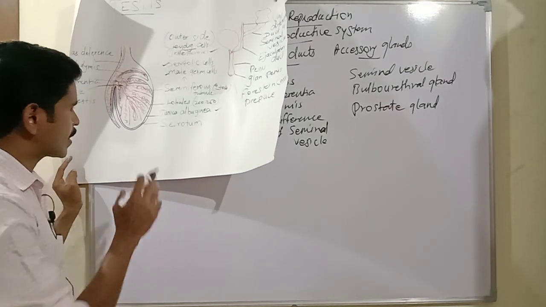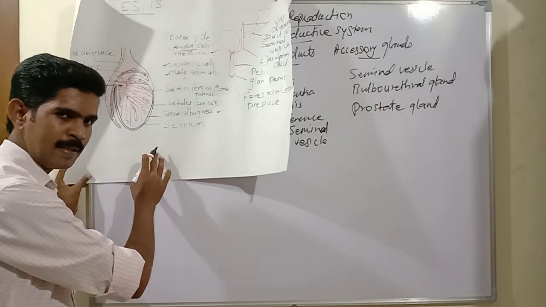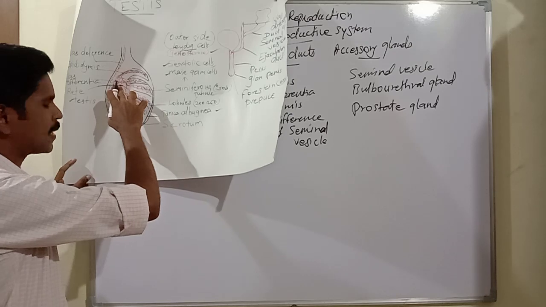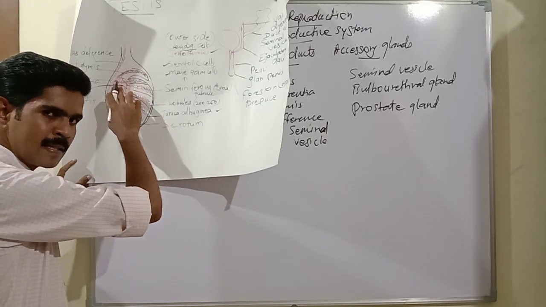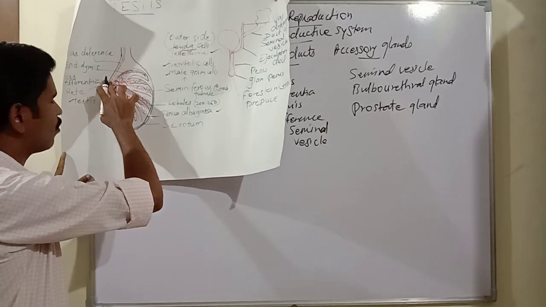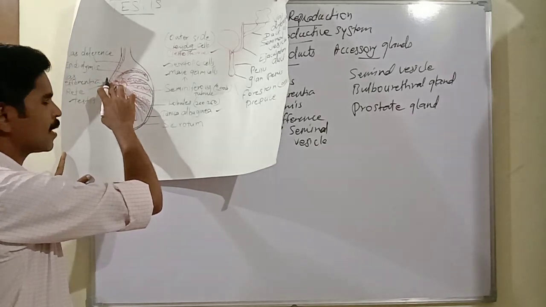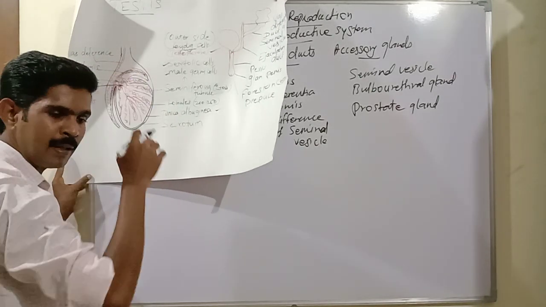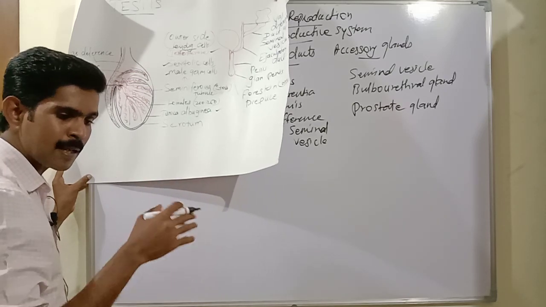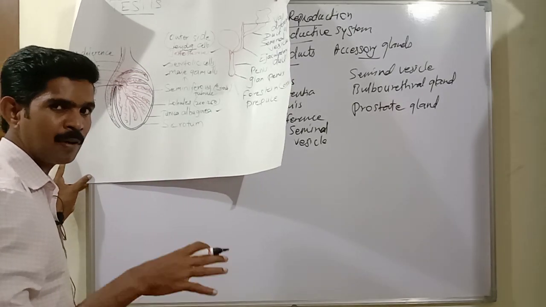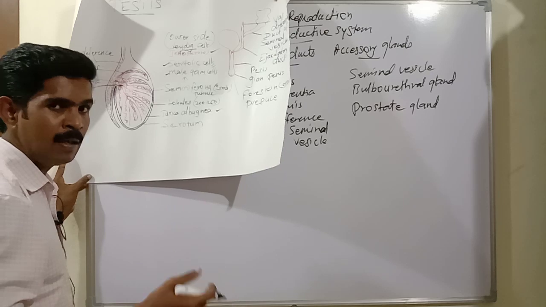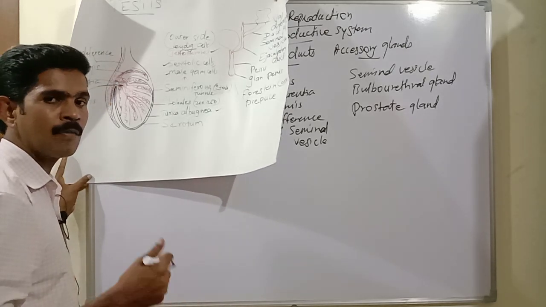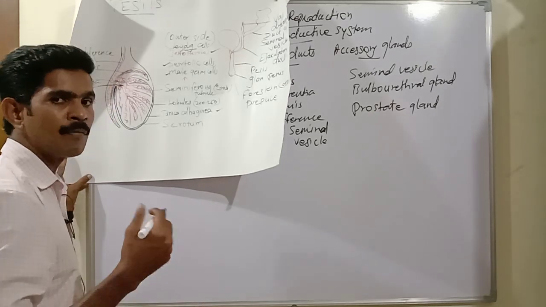Understand? So once again I will repeat all these points. From the seminiferous tubule, the sperm enters the rete testis. From the rete testis, the sperm enters the vasa efferentia. From the vasa efferentia, the sperm enters the epididymis, where they stay for a few hours for maturation, for getting more food, for effective movement, and for active fertilization capacity.